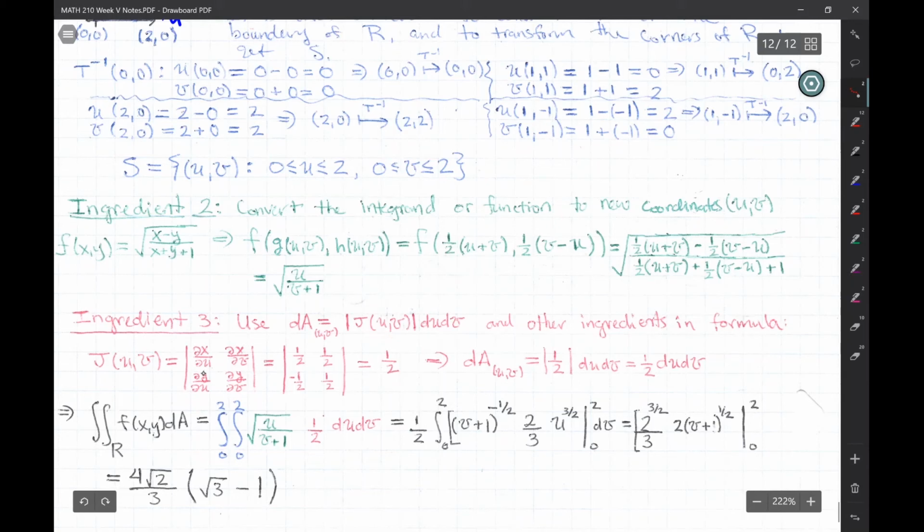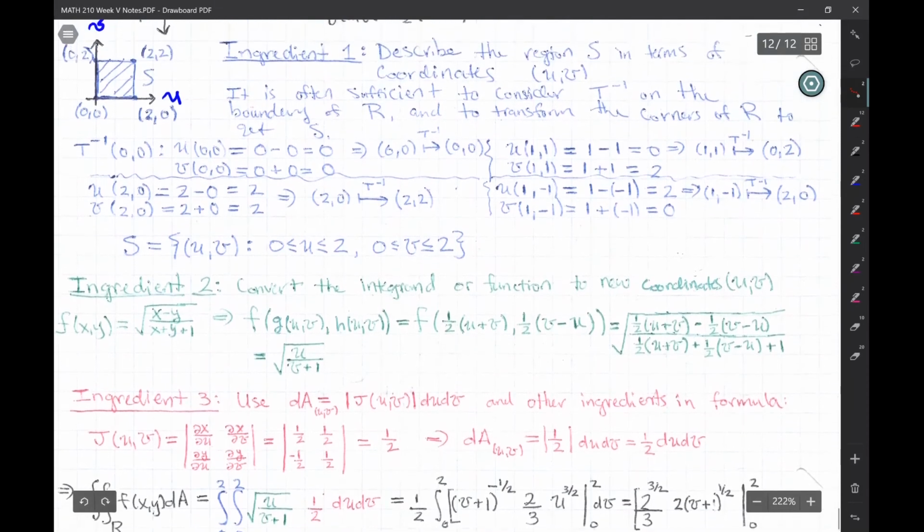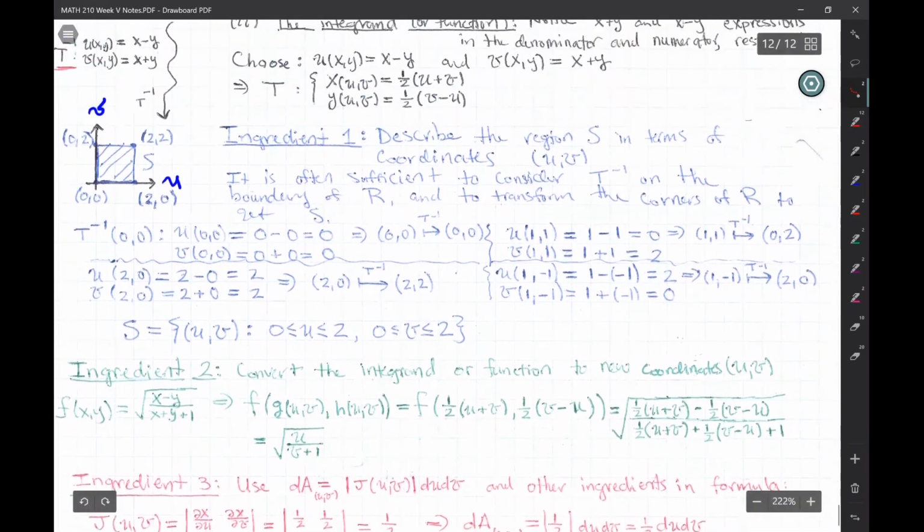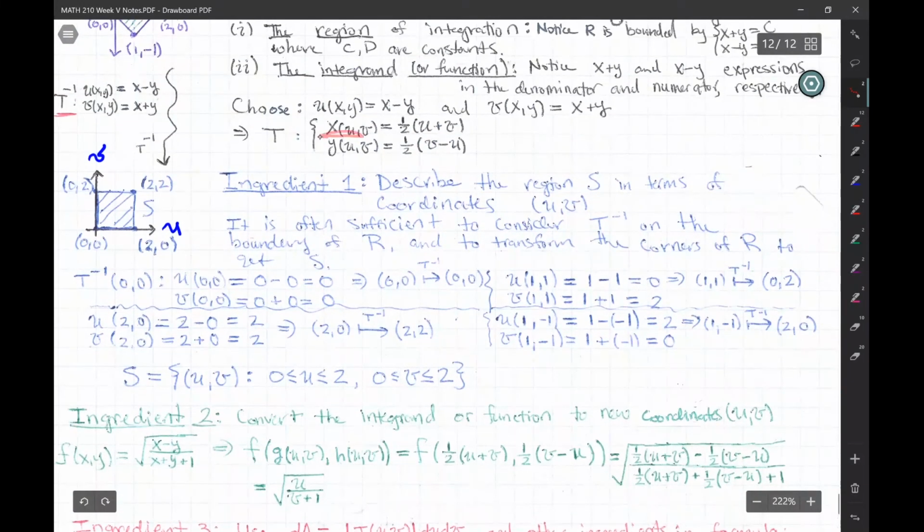Let's compute it. So we have here the partial derivative of x in terms of u and v with respect to u. Let's look at x in terms of u and v and take the partial derivative with respect to u of this. Well, that's just a half. Taking the partial derivative of x with respect to v is also a half. Taking the partial derivative of y with respect to u gives us minus 1/2.